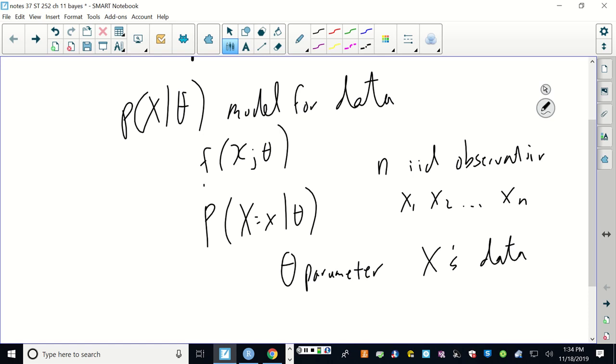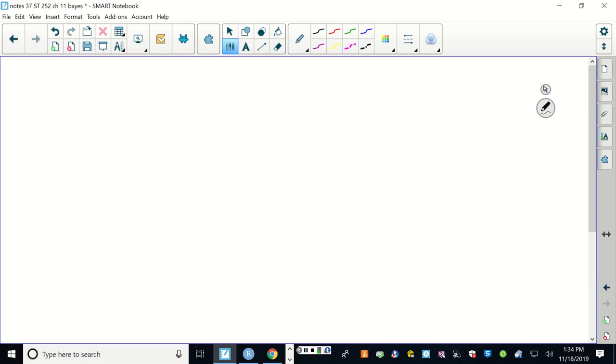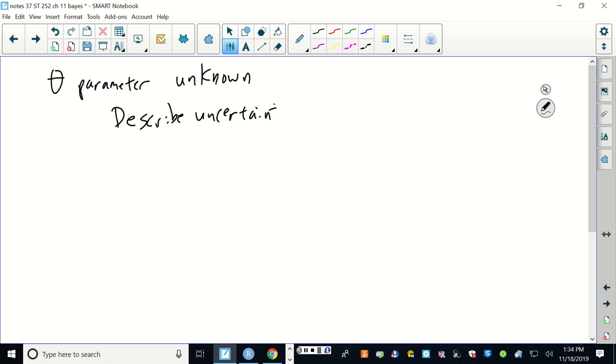But there's another approach that tries to do something different, and Bayesian analysis is one of these approaches. So this theta, this parameter that we'd like to know, is unknown. And in Bayesian analysis, what we don't know, we put probability distributions on. We describe uncertainty by probability statements.